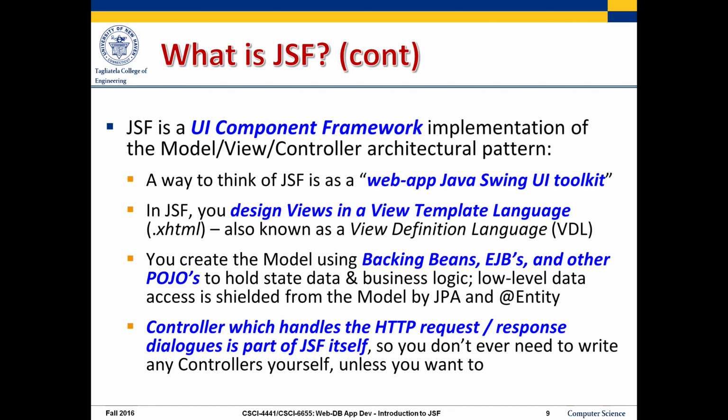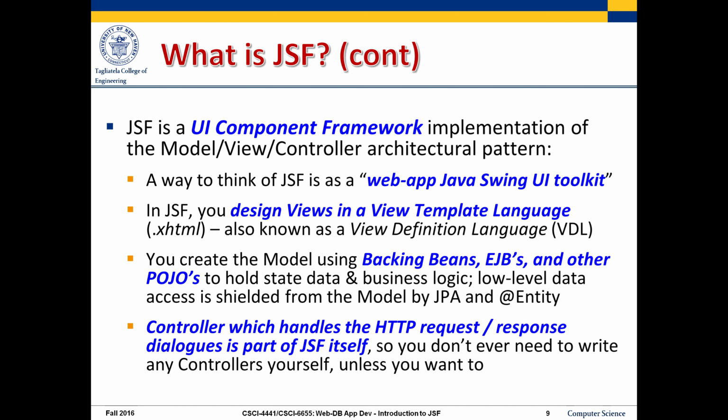Those business components use these data access objects to get at the data from various places. The most notable one would be relational databases, but they could be other things like NoSQL databases or other sources completely. And so that's where the enterprise tier in our other model is being hidden away from the model, which really consists mostly of the backing beans and the business components.